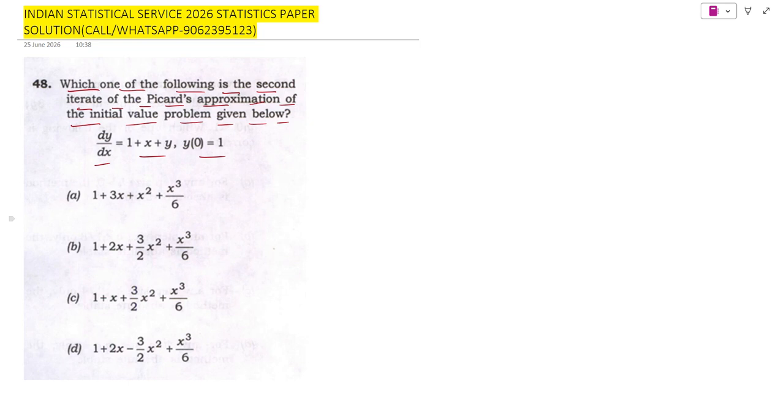There are four options. Option A says 1 + 3x + x² + x³/6. B says 1 + 2x + (3/2)x² + x³/6. C says 1 + x + (3/2)x² + x³/6. And option D says 1 + 2x − (3/2)x² + x³/6.